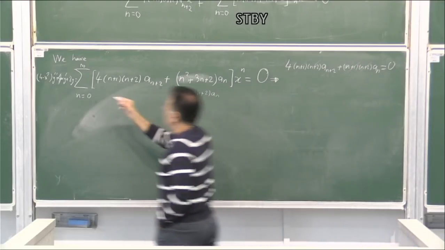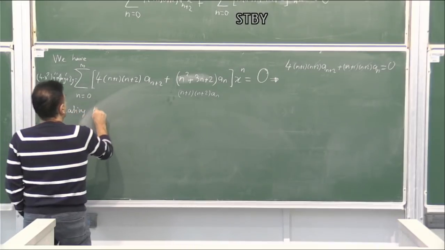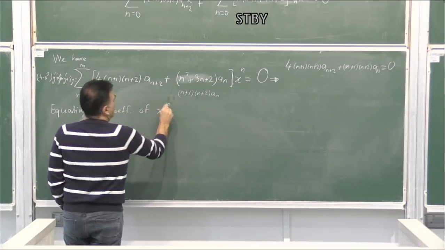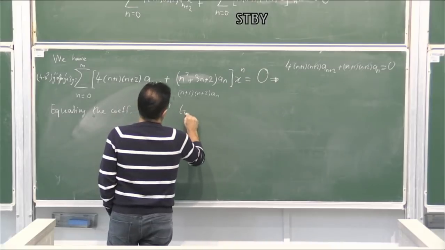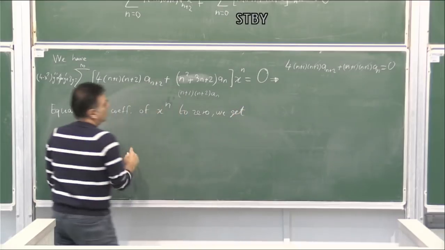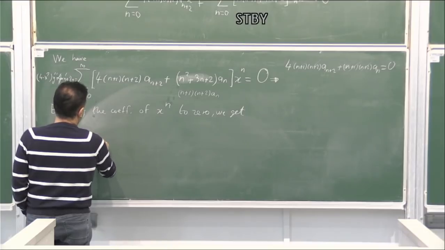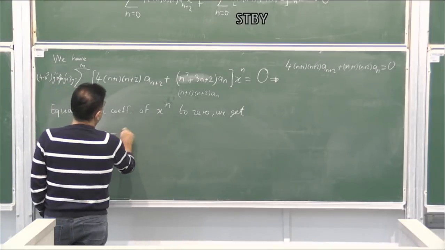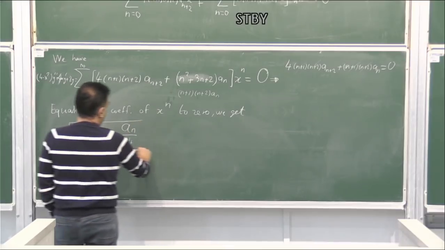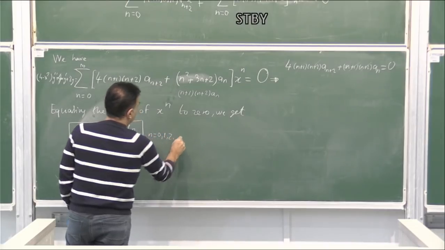Okay? So equating the coefficient of x to the power n to 0, we get the so-called recurrence equation, which is of the form a n plus 2 is minus a n over 4 for n equal to 0, 1, 2, and so on.